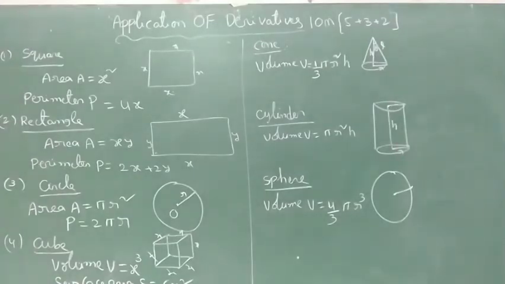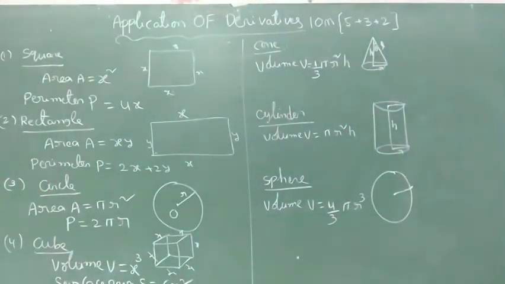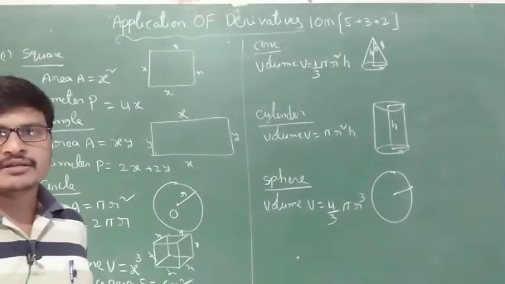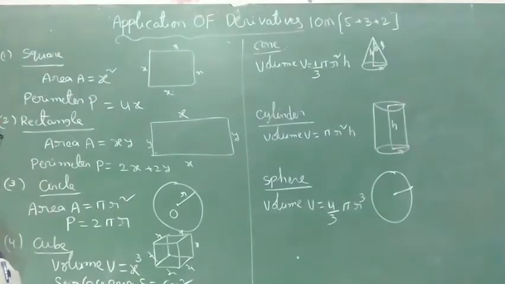Okay, next, this is main important. The first topic is rate of change or rate measure. In the first topic, a 5 marks question will compulsorily come.